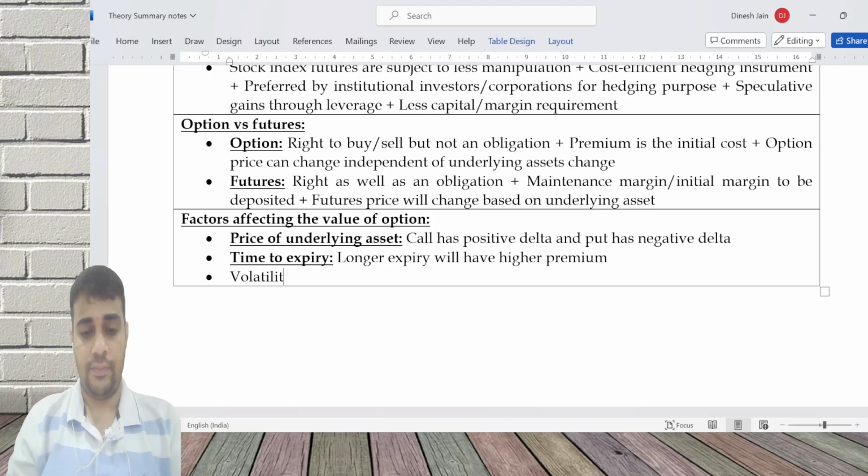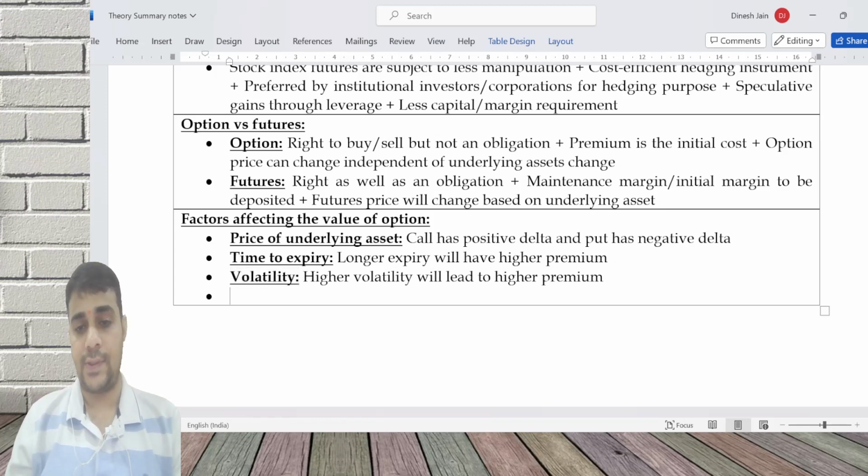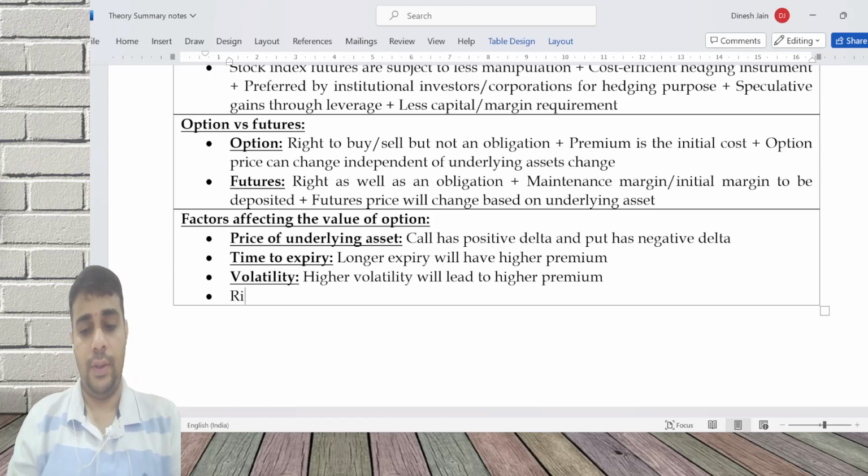Volatility: higher volatility will lead to higher premium. Volatility is on the higher side, premium will also increase. Interest rates.